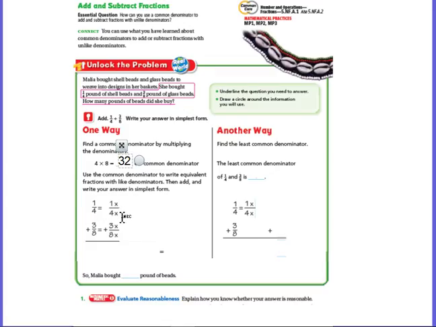So 4 times what got me to 32? 4 times 8 got me to 32. So what I did to my denominator, I have to do to my numerator. So I take 1 times 8, which equals 8. So that new fraction is 8/32.